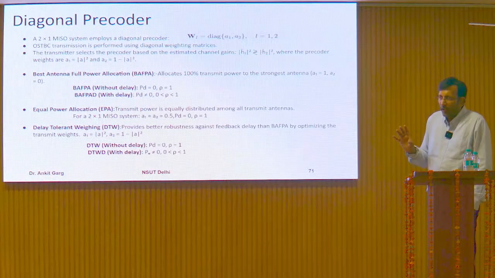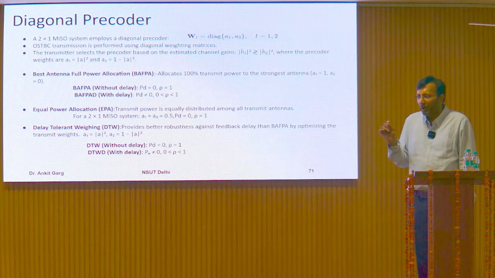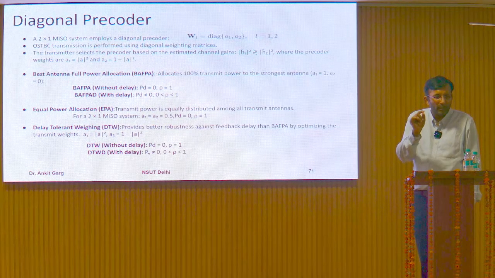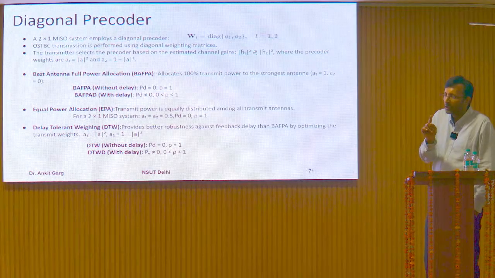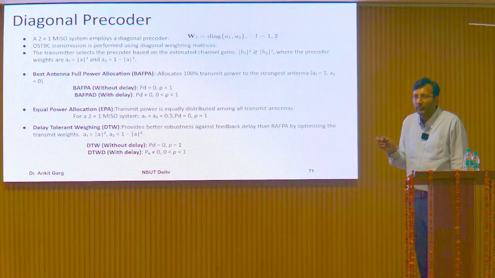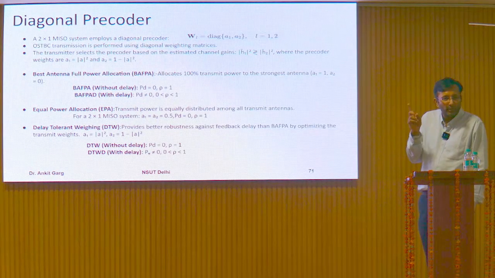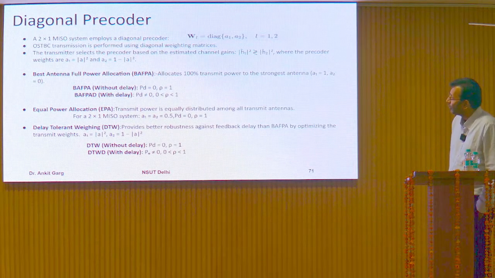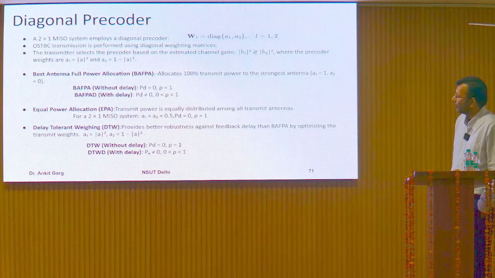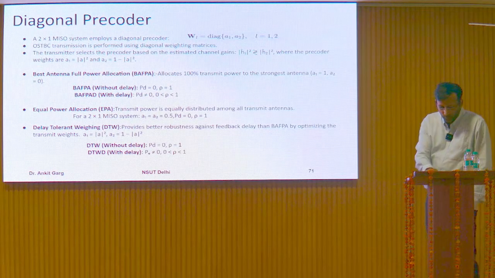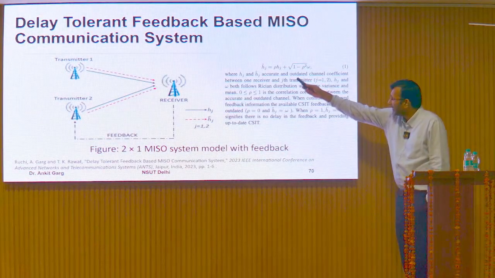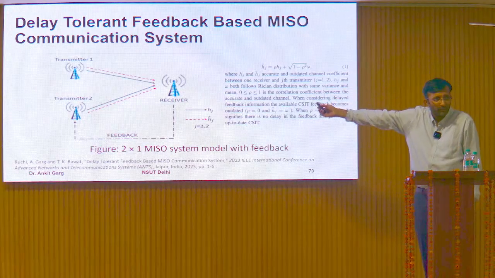As we are giving this power according to the optimum value related to PC, the probability of correct feedback, where we consider the imperfect feedback, here we would see the probability of delay in the feedback. Instead of PC, now we have a PD, right? And we called it best antenna full power allocation with the delay and without delay. If we have rho equals 1, as I have told you, as you can see here, if rho is 1, it means h hat equals h, there is no delay, right?